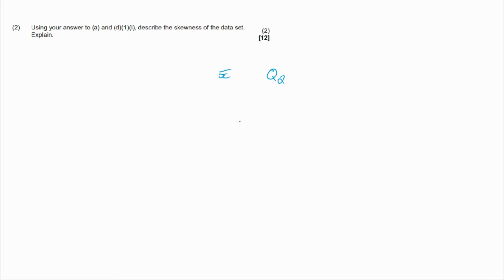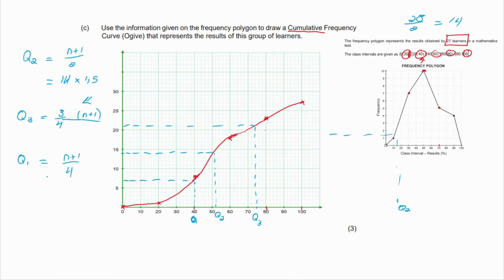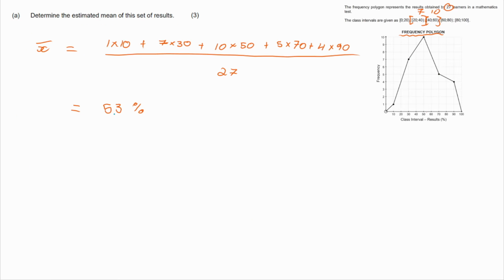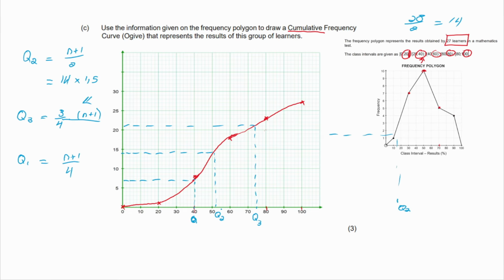If the mean is on the left, then it will be left skewed or negatively skewed. So let's see what we have. Our mean is 53. Our median is, I get 52, because there's 54, 6, 8. So I get 52.